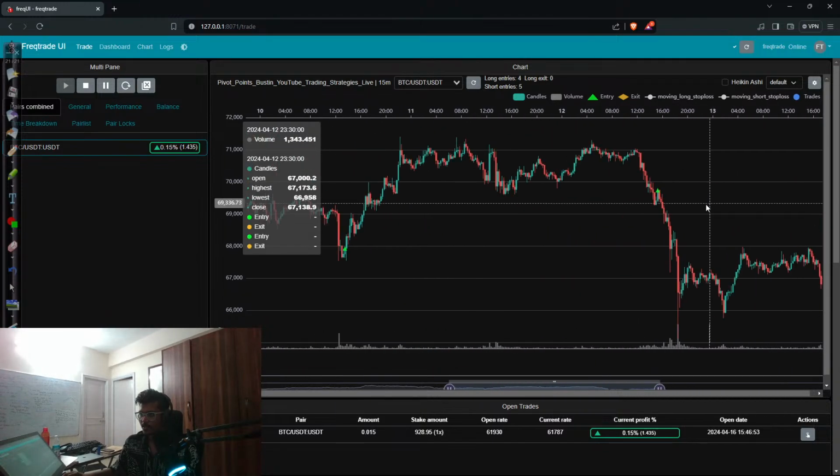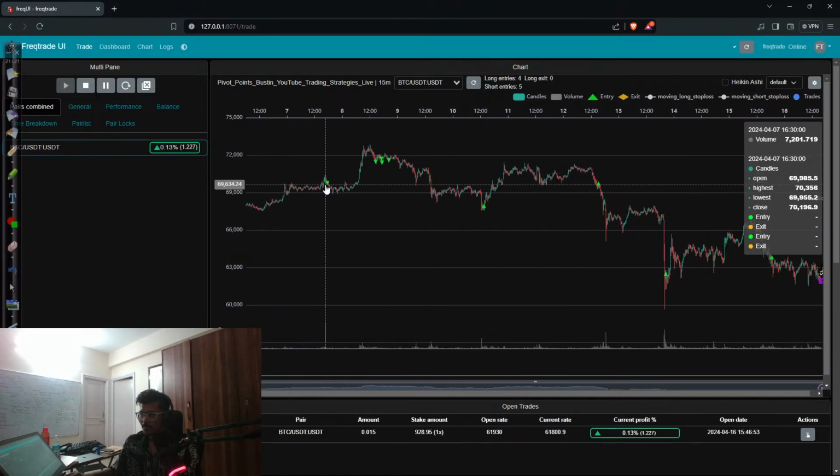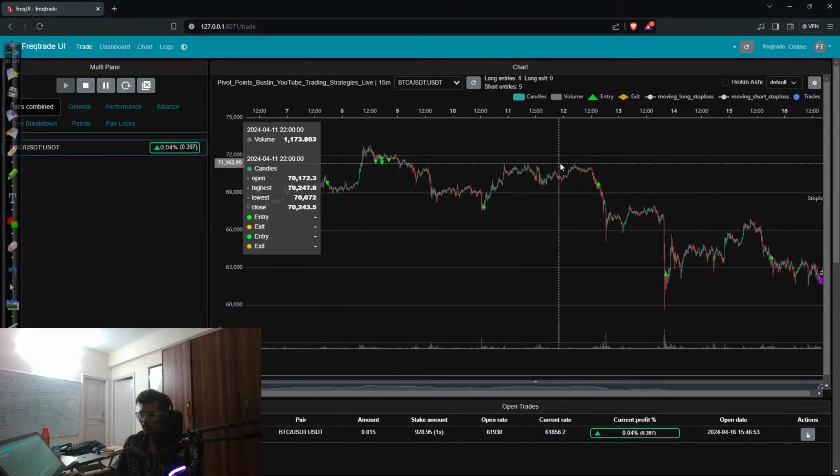So you can see the trade setup here. Short, profit; long, good profit. This was a losing trade, but this long trade was good.